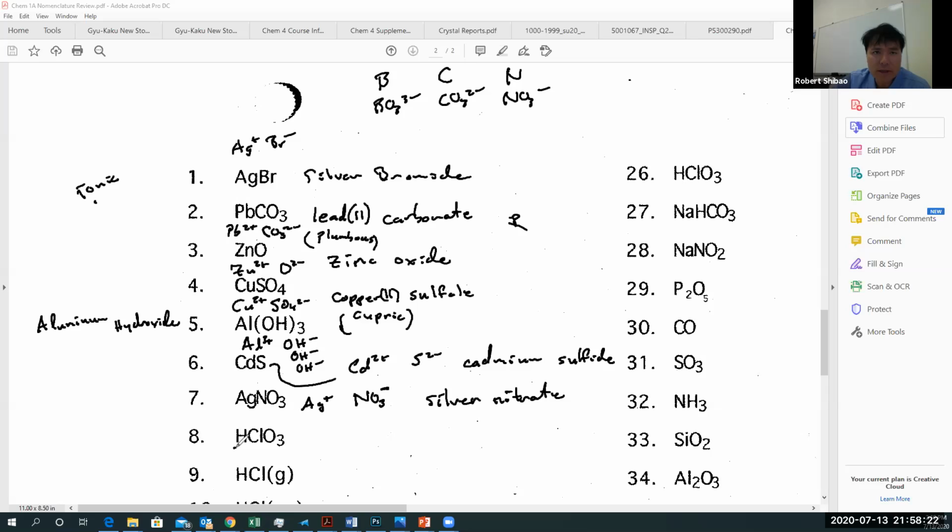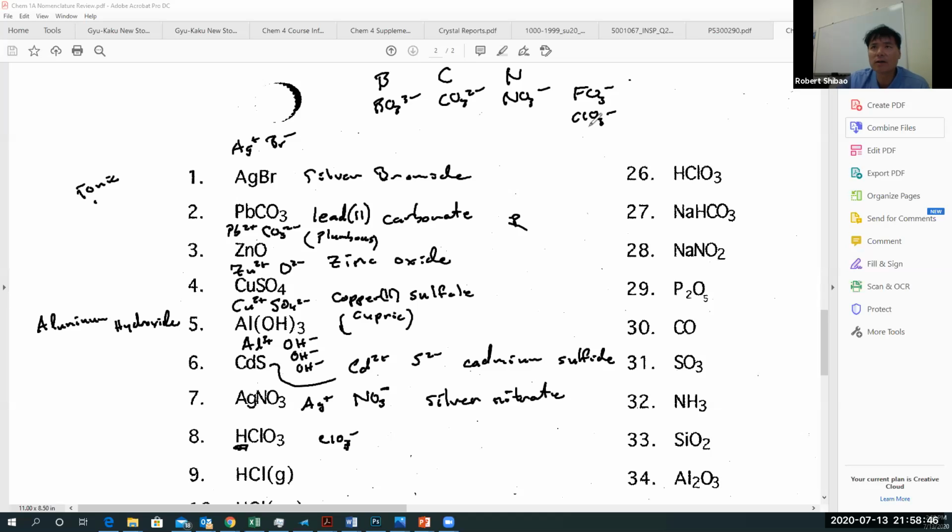No Roman numeral necessary here because silver is fixed charged. Now here, this is an acid. We recognize this as an acid because of the H here. And so we need to know what the anion is. The anion in this case is ClO3-. So is it a chlorine 3 oxygen or 4 oxygen species?